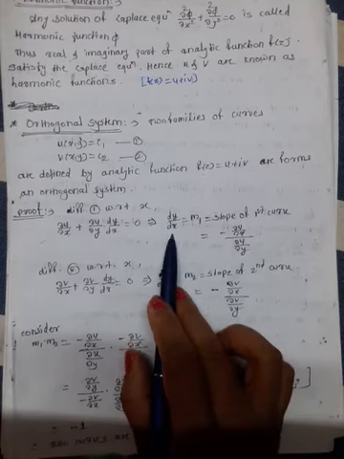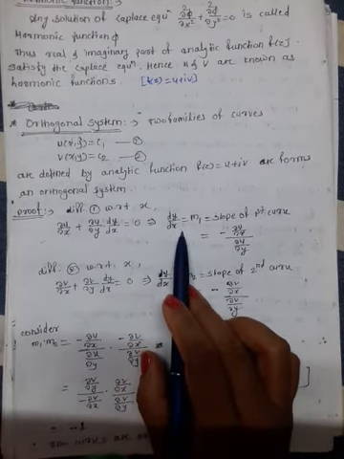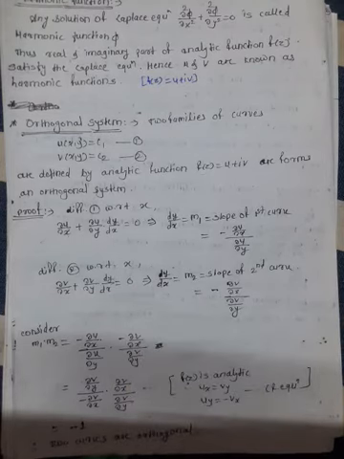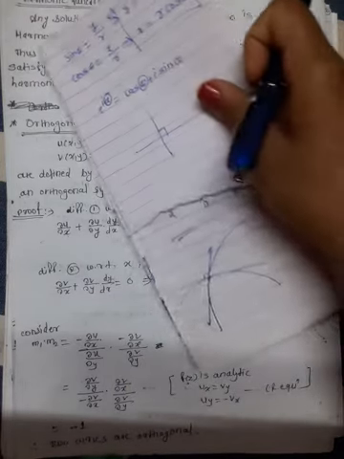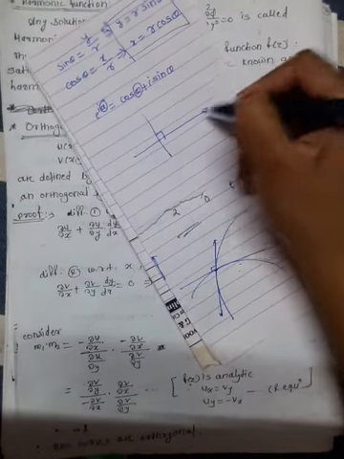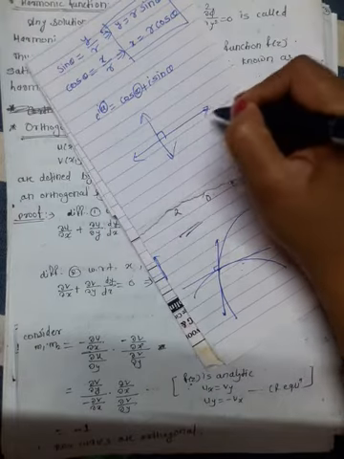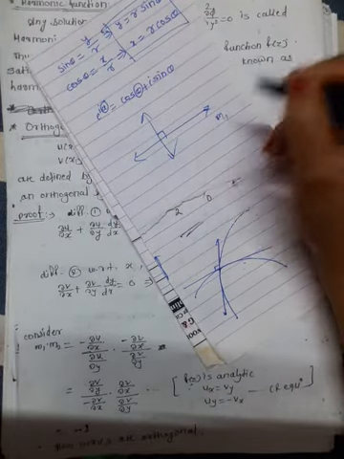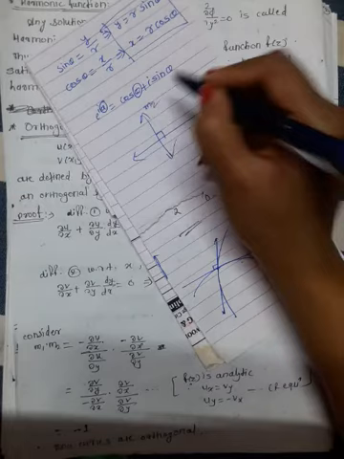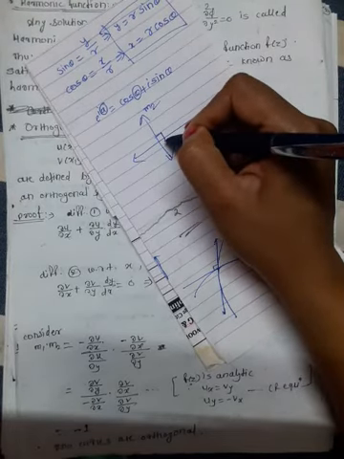From this we get dy/dx. We are going to use one theory here. Suppose this is one line and this is the other line. Suppose this line's slope is m1 and this line's slope is m2, and suppose these two lines are intersecting each other at 90 degrees.